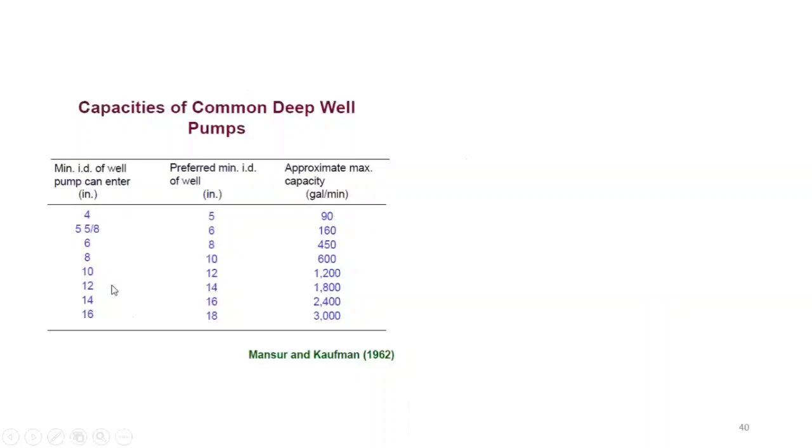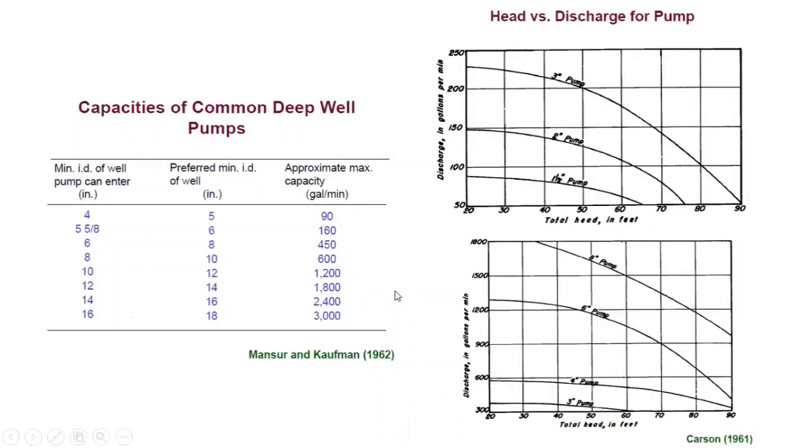As the inner size increases, the capacity of the pump increases. These are some charts, head versus discharge for pumps. If you know the total head in feet and the inner diameter of the pump, you can get the approximate discharge in gallons per minute from these charts.